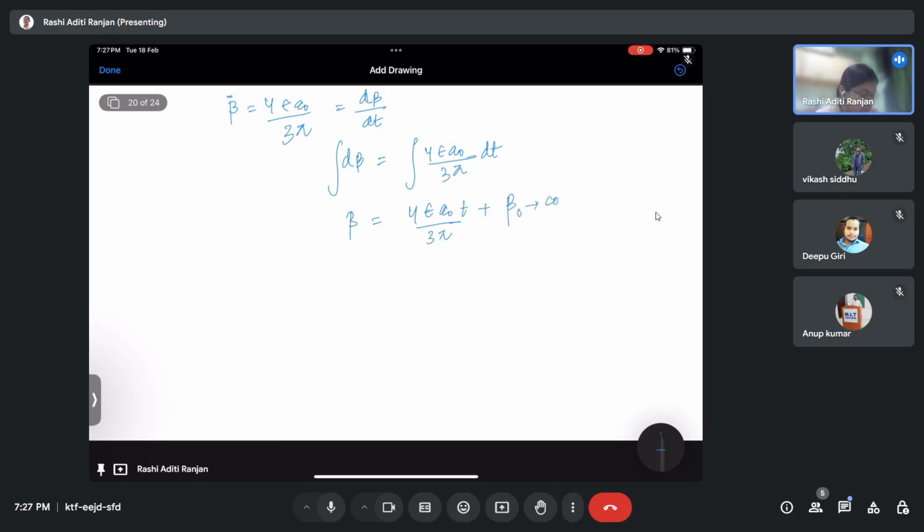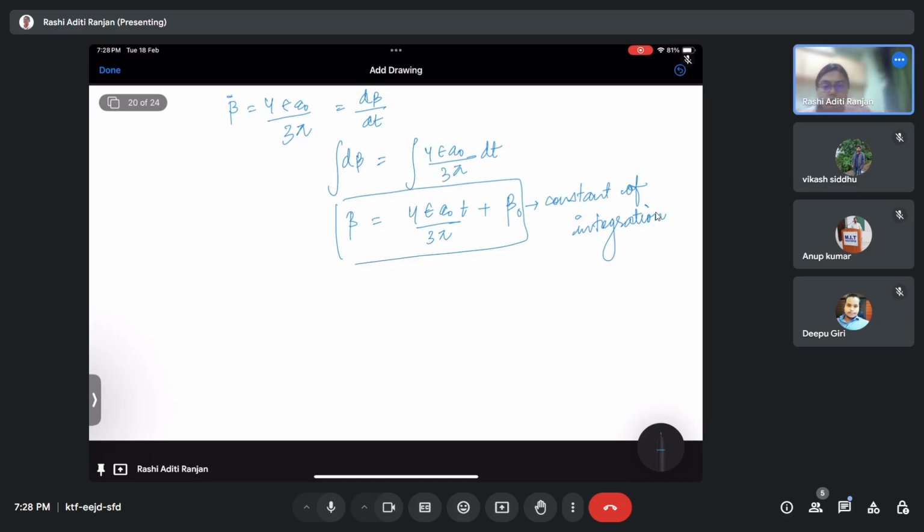I can integrate it, so I'm going to get beta, which is nothing but the constant of integration. So I got the equation of beta, right? And A I have considered as a constant A naught, right? So now I can write the solution, which is nothing but A cos, okay, I should write it first in terms of phi because then it will be easier to understand.